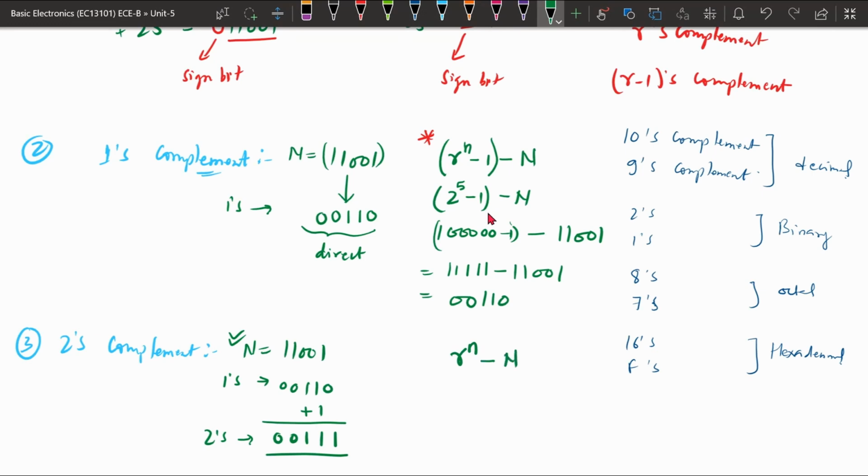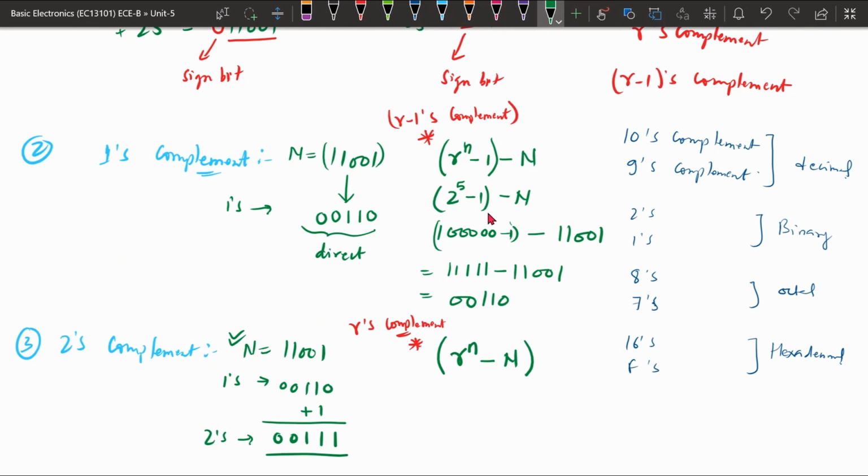So this is the formula to calculate the R's complement, and the earlier one is for calculating the R minus 1's complement. This generalized formula is applicable for all the different types of number systems.